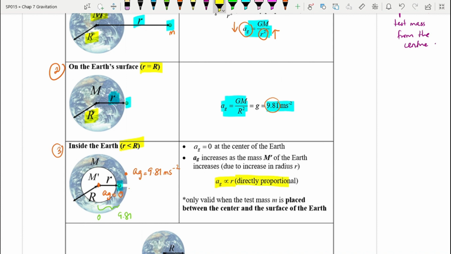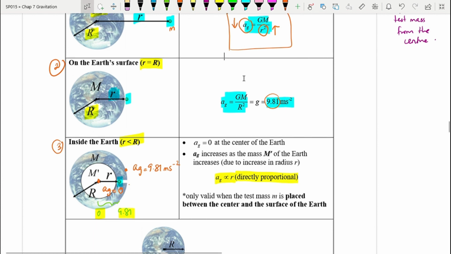So, daripada center a_g kita kosong tadi, kemudian bila test mass tu makin jauh daripada center tapi still inside the earth, a_g akan increase its value sampailah jadi 9.81 at the surface. Kemudian beyond the surface, after keluar daripada earth, dia akan valid balik formula yang atas tadi. a_g equals to GM over R square, where a_g dengan R sekarang adalah inversely proportional.